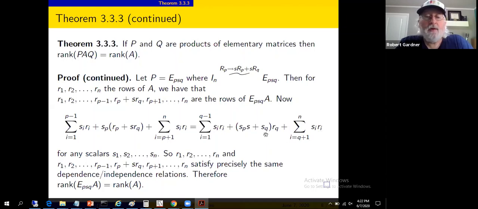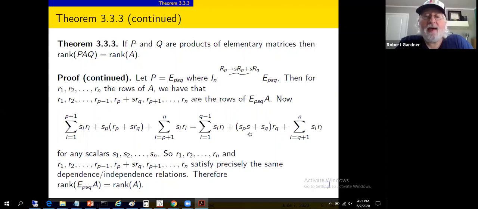And over here, if we had all those coefficients being 0, in particular, we'd have to have S sub P being 0. If S sub P is 0, that drops from the conversation. Got a linear combination set equal to 0. We'll have to have S sub Q equal to 0. That's implied inside one of these summations as well. So in fact, this coefficient would have to be 0 as well.